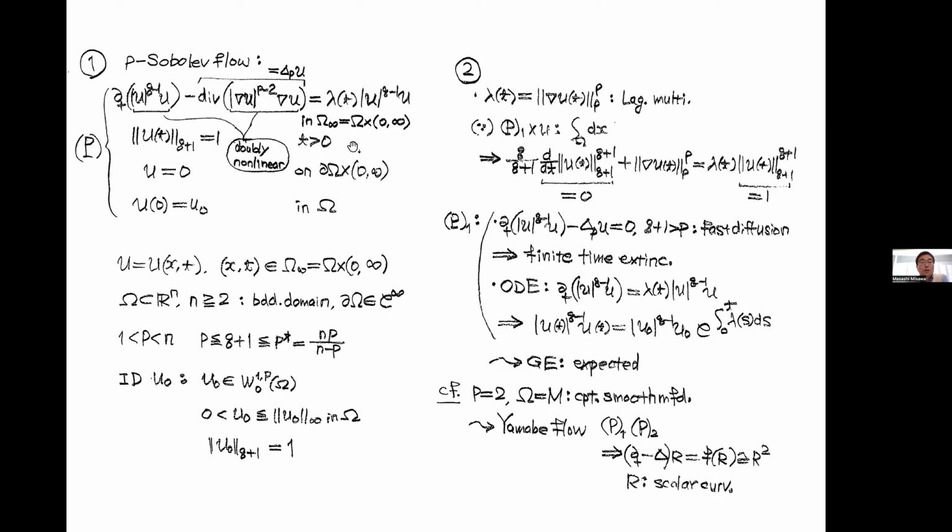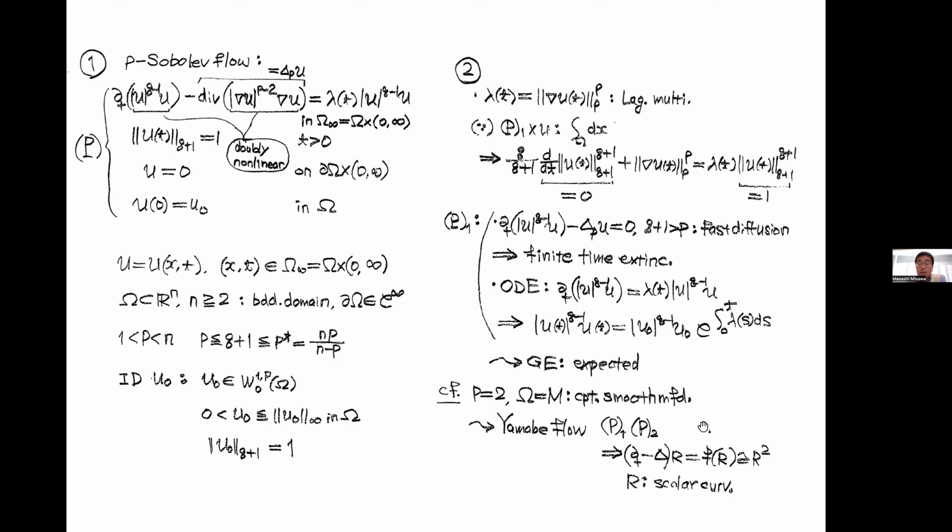Then our system of equations becomes the so-called Yamabe flow, as a gradient flow for the Yamabe problem. The equation is the first line and the constraint is the second line.